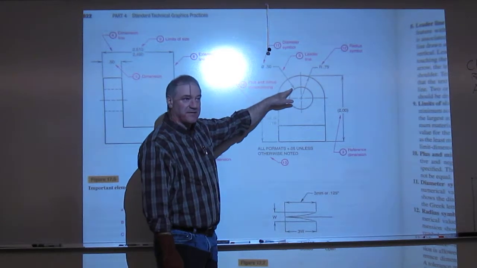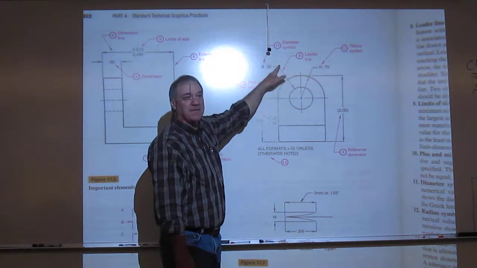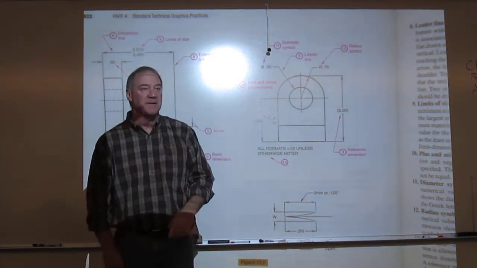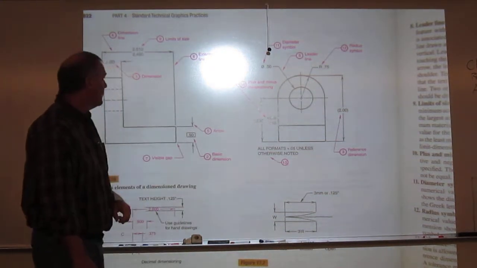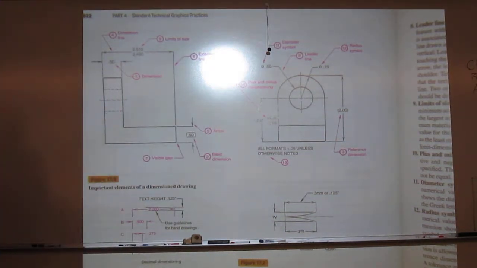Arrow terminates on the outside object line, typically 45 degrees. You can go 30 to 60. Has an 1/8 inch shoulder. Text is centered on the shoulder, or the landing, whatever you wish to call it. Any questions on that one?